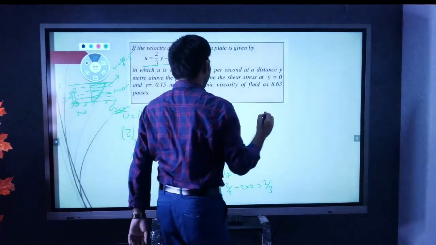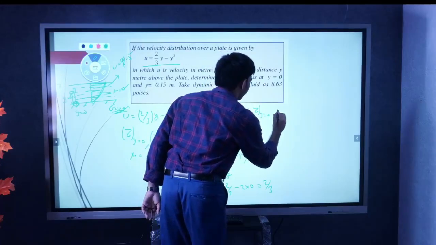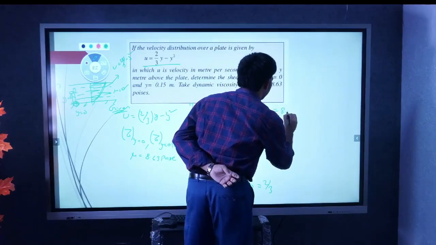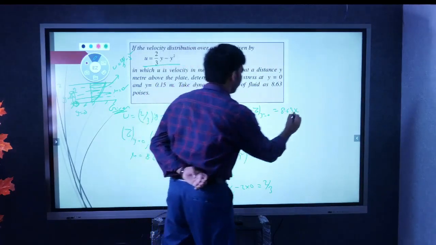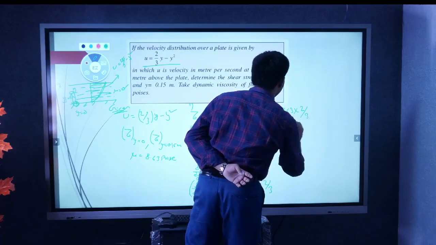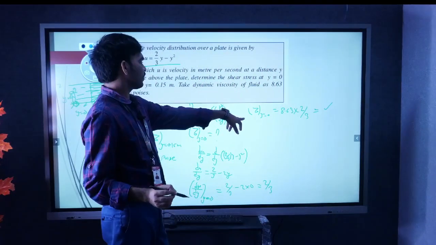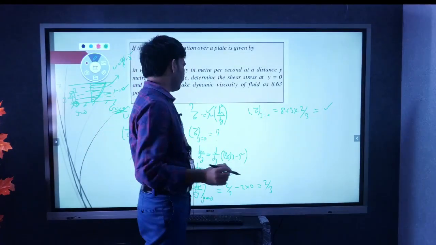So what is the shear stress? Shear stress at y is equal to 0 is equal to mu into du by dy at y is equal to 0, that means 8.63 into 2/3. So you will get the shear stress at y is equal to 0.